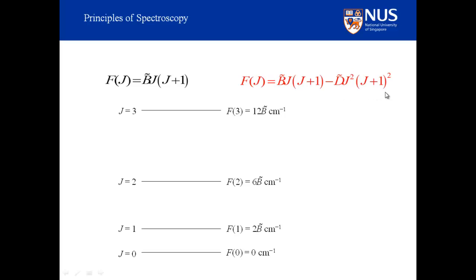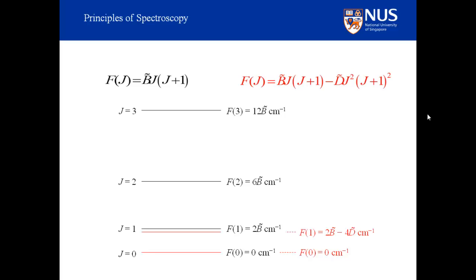How does this change things? Well, when J is equal to 0, I haven't made any modifications, because D times 0 squared times 0 plus 1 all squared is still 0. In my new improved model, my ground state is still the same.